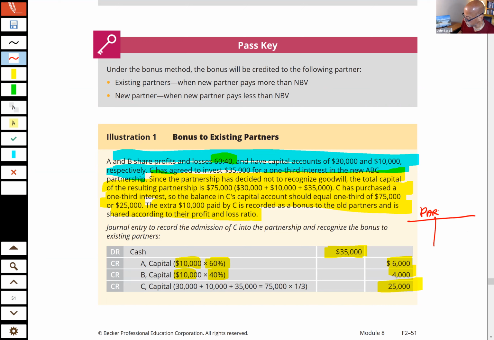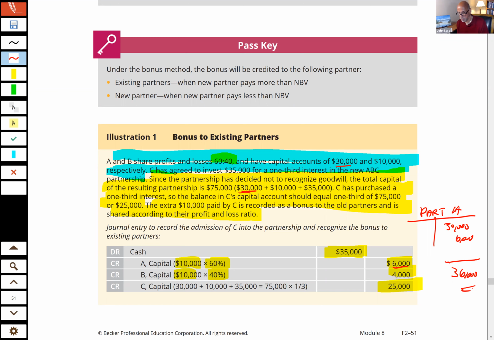This is partner, and I'm just going to pick partner A. They started with 30, right? And then we just credited them with 6,000 of the total 10,000 bonus that C is paying in. So if they asked me that, then the answer would be 36,000 is what partner A, in this example, is going to end up with.